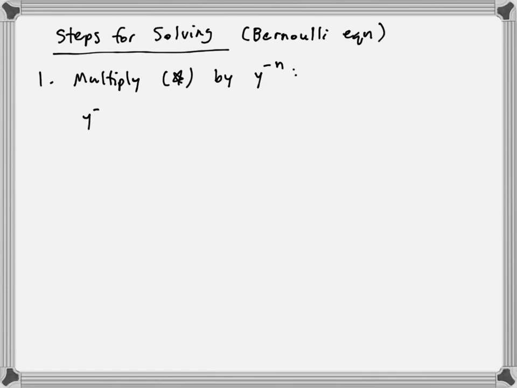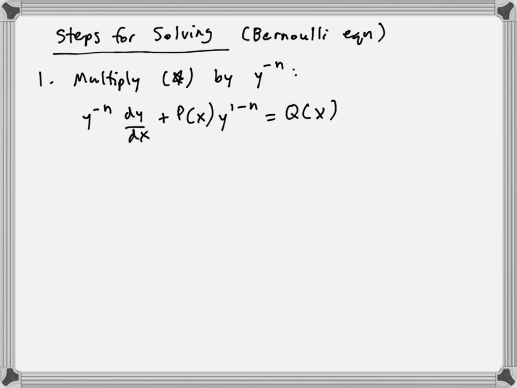Y to the negative n times dy dx plus p of x times, remember you had a y to the first power before, so if you multiply it by y to the negative n, you get y to the 1 minus n. And then the right side is just your q of x. What's the trick here?